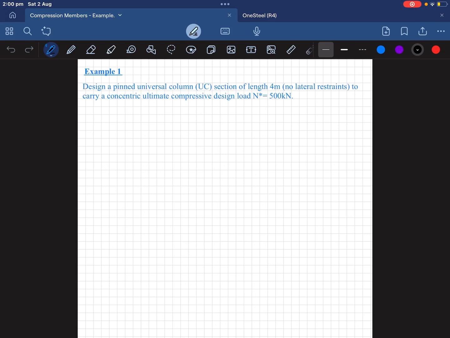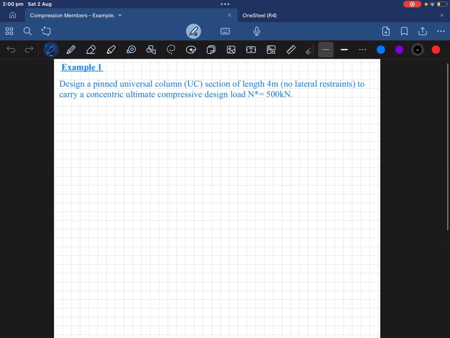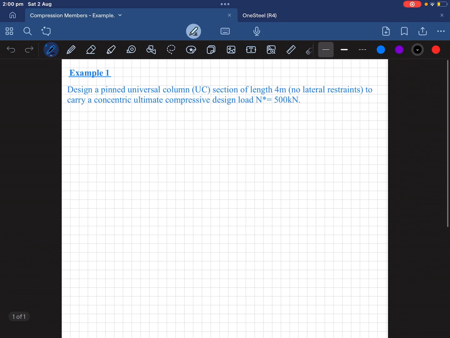Right. So before we start diving into solving this, let's just break down the question and what it means. What I mean by a pinned universal column is a column that has pinned ends at the top and at the bottom, and this means that translation is fixed, but rotation is released.